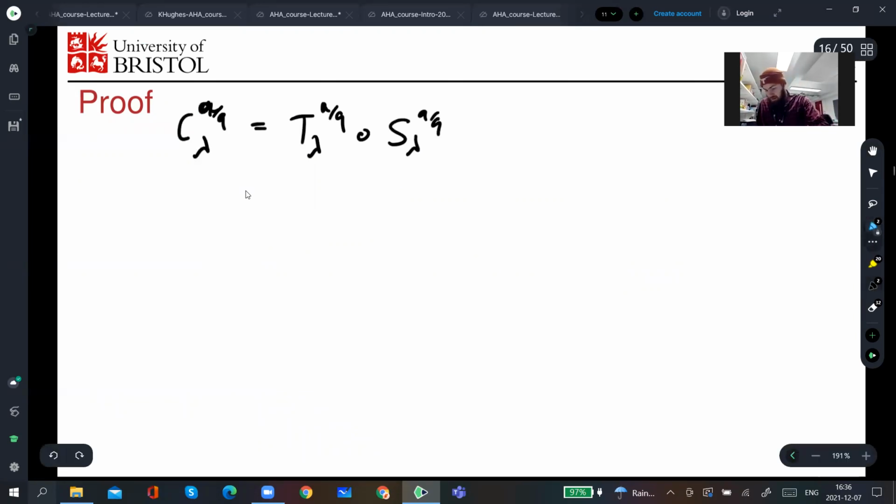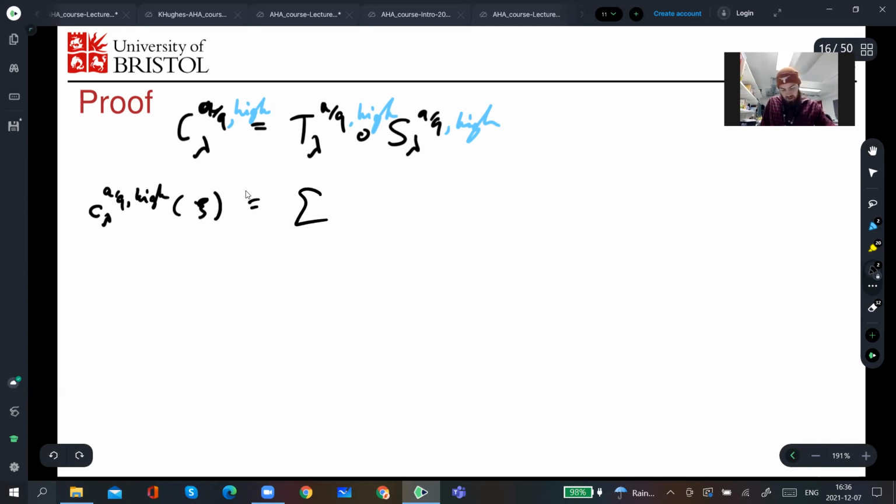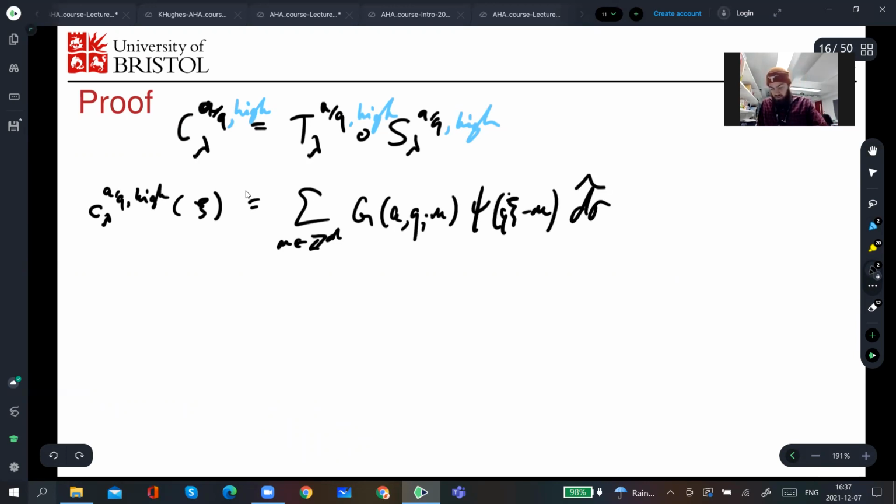And let's go ahead and make this high for the moment. How do we do this? Well, let's look at the multiplier. I had my little c of lambda AQ, let's say high. At a point C it was just this sum over M in ZD of G of AQ, M, and then these localizing factor and the spherical measure.